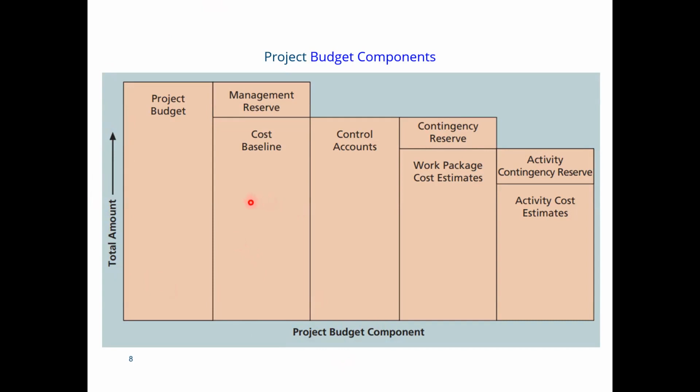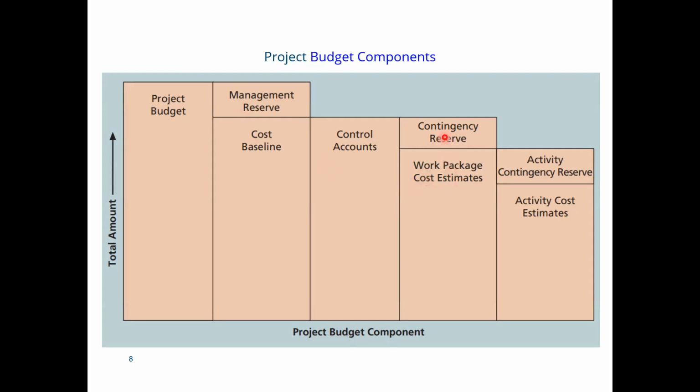The project budget, as you see here, is composed of the cost baseline and the management reserves. Further, you see the control accounts comprise work packages, cost estimate plus contingency reserves.